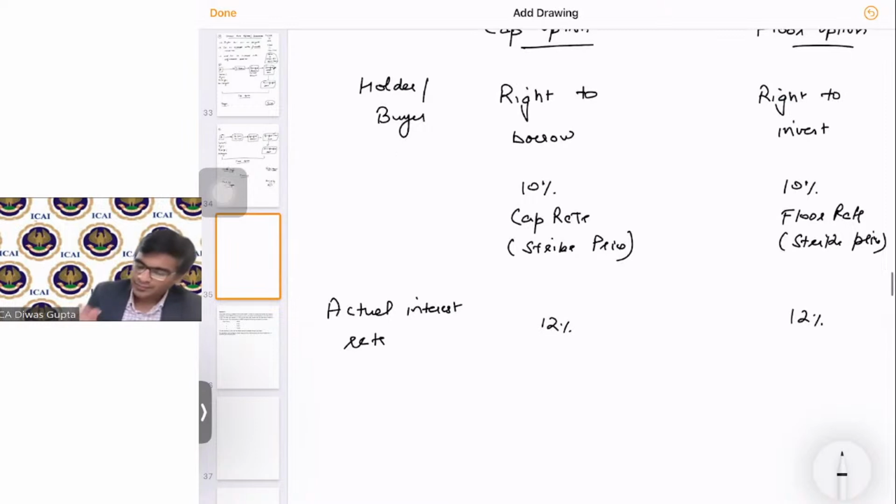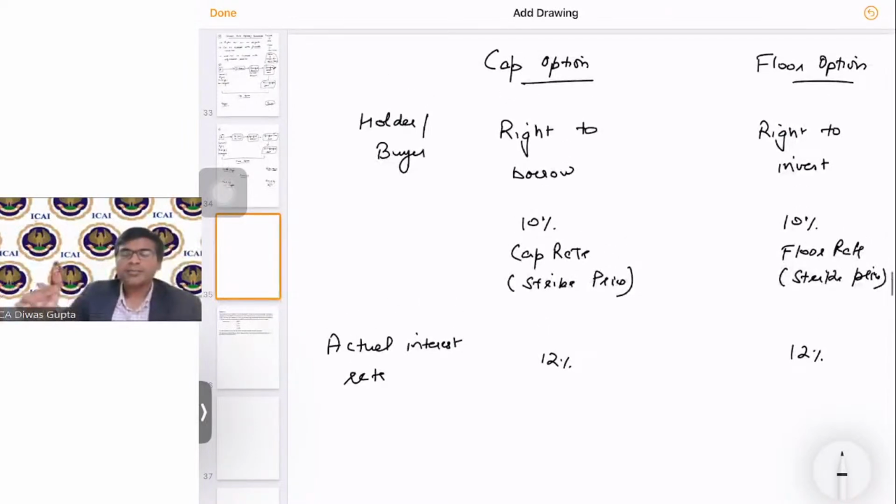In such a case, what will happen? Now think about it from the holder of the cap option's perspective. What he or she will think is that I have an option to borrow at 10%, and at the same time the market is charging me 12% as the actual interest rate. So don't you think the holder of the cap option will be happy, because he or she will say that I have a right to borrow at a lower interest rate of 10%.